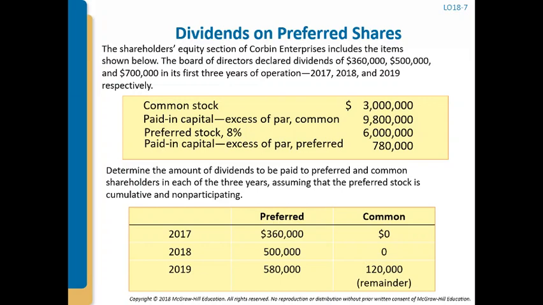And so here we have to determine the amount of dividends to be paid to the preferred and common shareholders in each of those 3 years, assuming that the preferred stock is cumulative and non-participating. And the main thing here is the fact that it's cumulative.